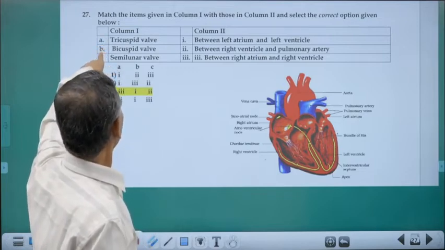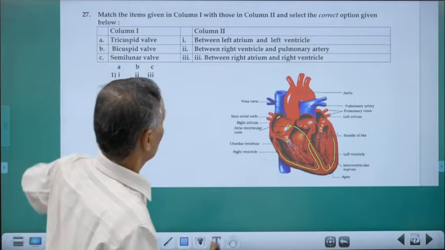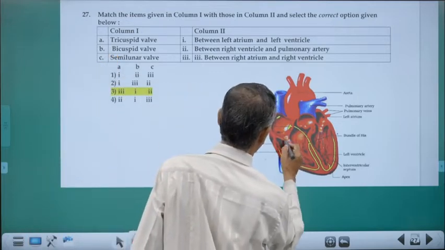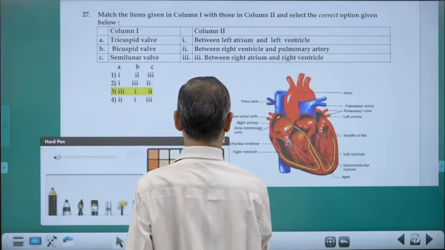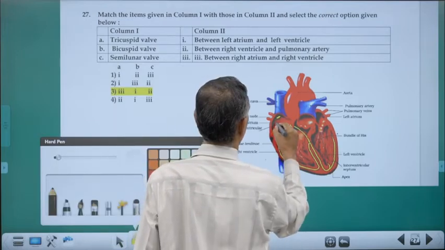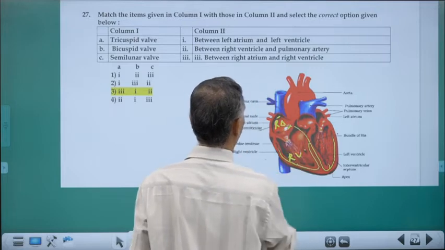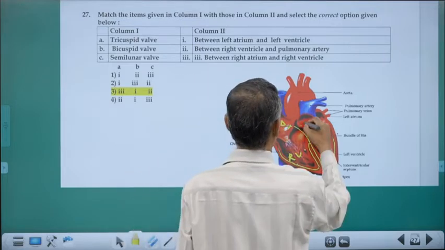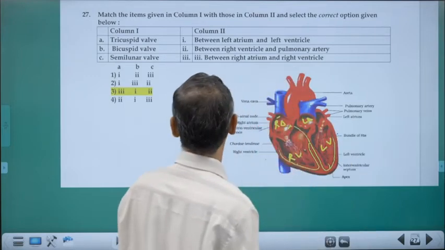Again, we have the same. Where is the tricuspid valve? Here you have the tricuspid valve between the right atrium and right ventricle. Between the left atrium and the left ventricle, you have the bicuspid valve.